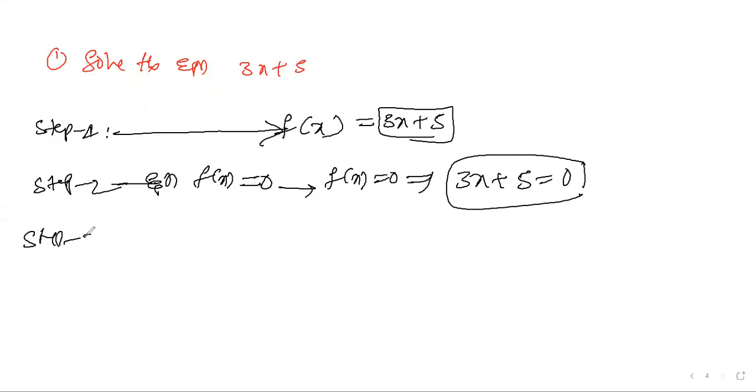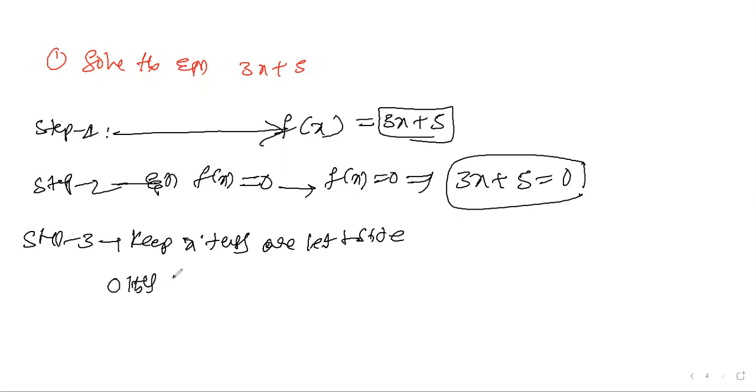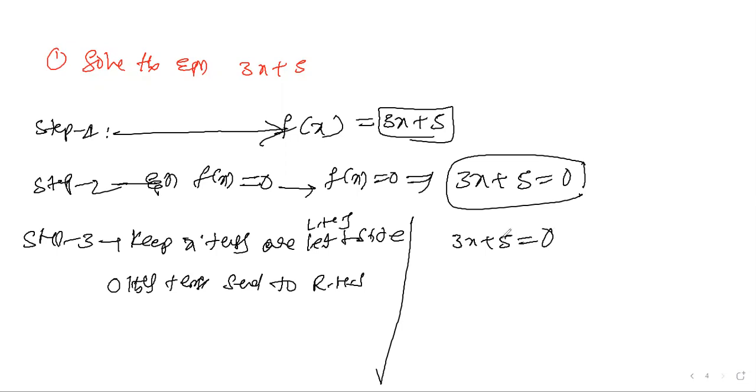Step number 3: keep x terms, or variable terms, on the left side, and send the other terms to the RHS, the right hand side. Here the variable is x. So in 3x plus 5 is equal to 0, 3x comes under the x terms, so 3x stays on the left side, but 5 is not required there, so you send it to the right side.